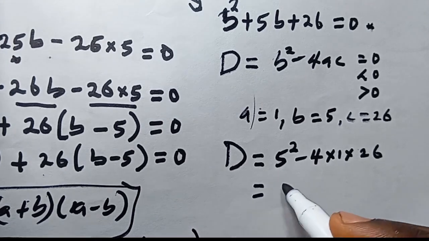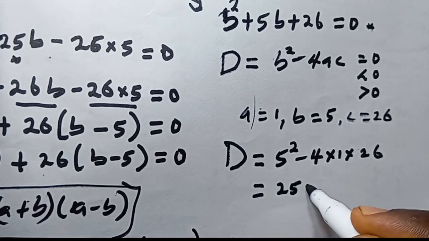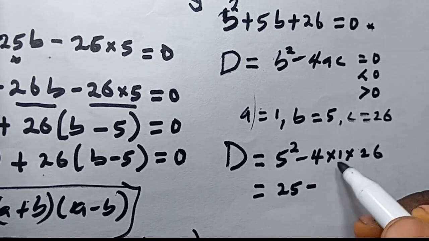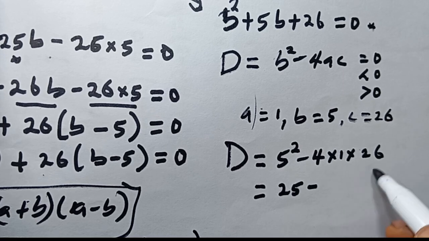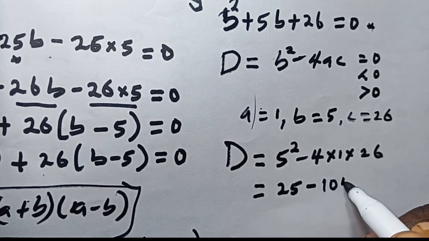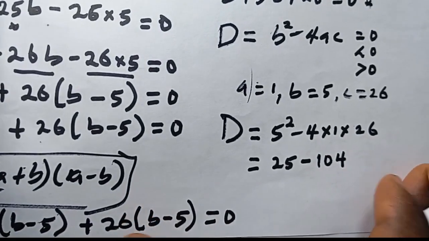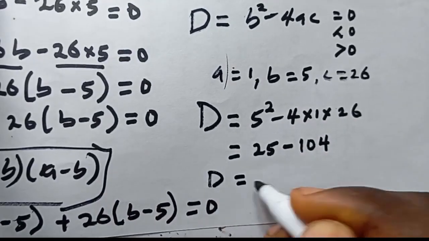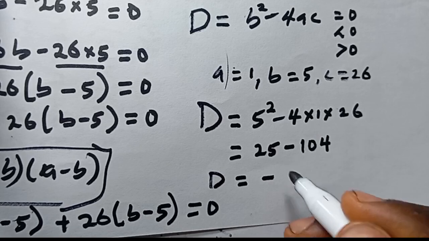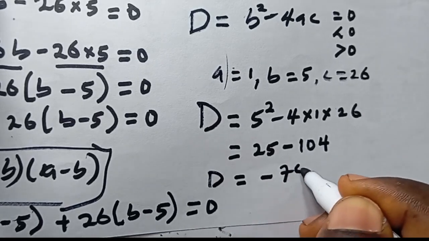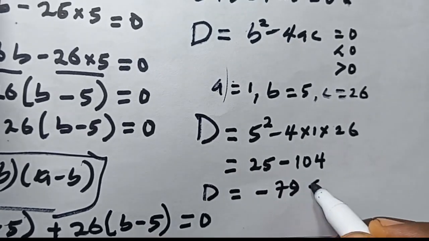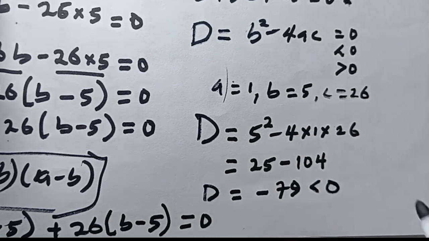So this is actually going to be 25 minus 4 times 1, which is 4, times 26 will be 104. And then when you subtract, the discriminant is actually going to be equal to minus 79, which of course clearly you can see is less than 0.